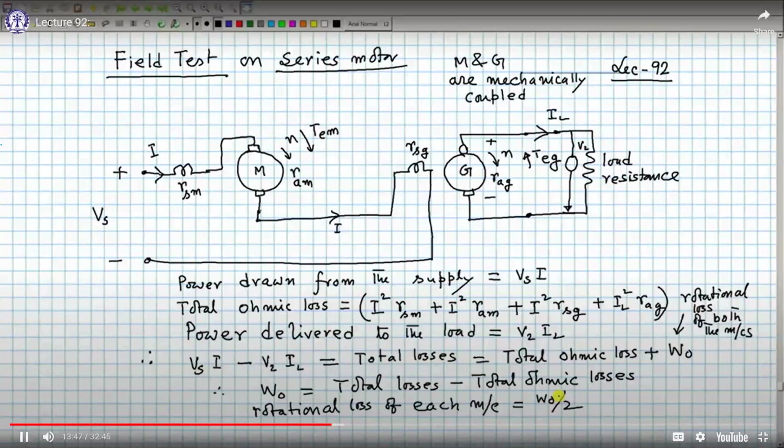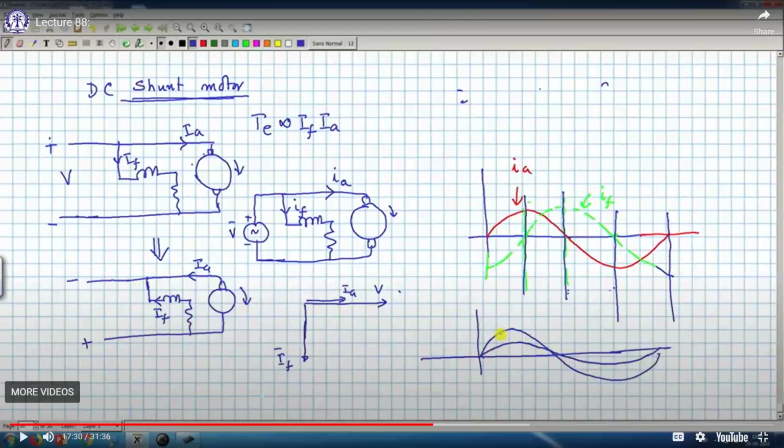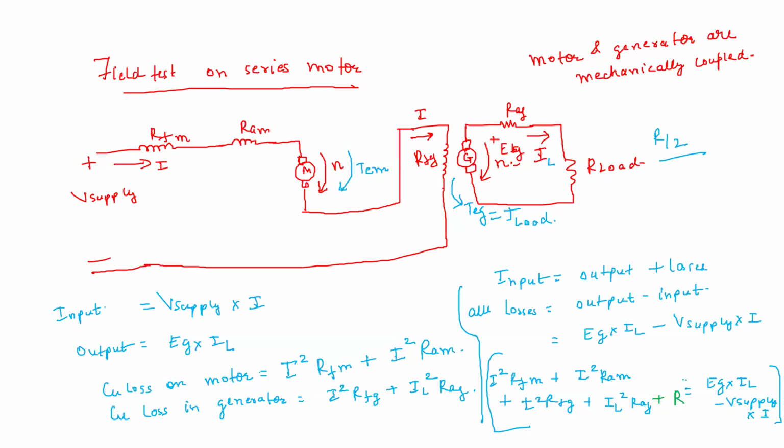In the sir's lecture, lecture 92, if you see, he has basically done the same thing. He is finding the total copper loss, and then from the total losses, which is equal to the total ohmic loss plus the rotational loss of both the machines, he finds the rotational loss of both the machines. So here also this R is the rotational loss of both the machines.